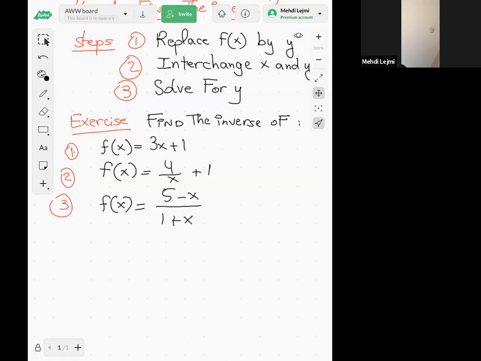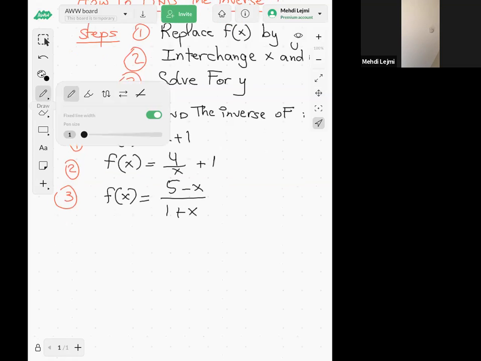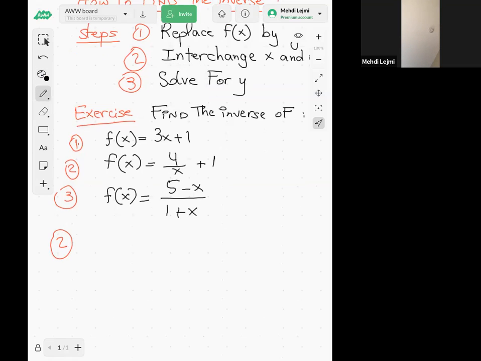Number 1 is similar to a couple of examples we had, so I'm just going to go over number 2 and 3 again, but I'm not sure which one I solved last week. For number 2, here's your f of x. It's 4 over x plus 1.